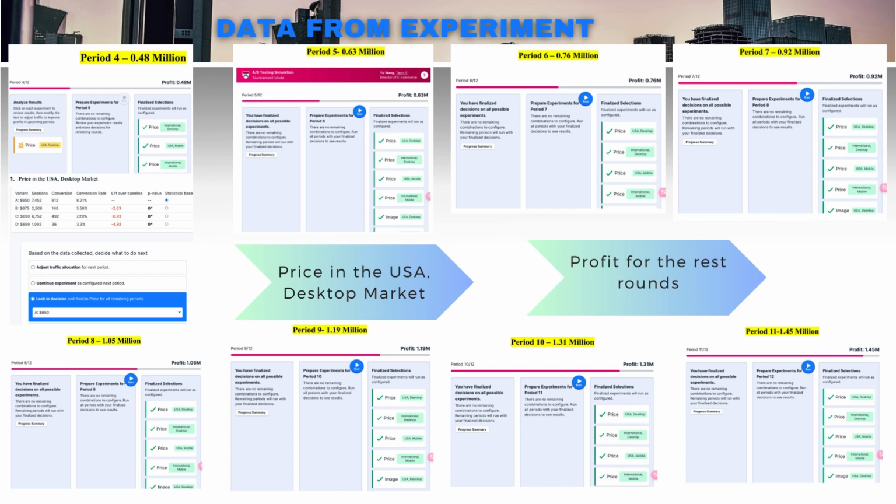And the only decision we make in this period is the price in the US desktop market. It's a little bit higher than the mobile side. The price is 650. And we keep running this experiment, and our profit keeps going up. It's very steady.